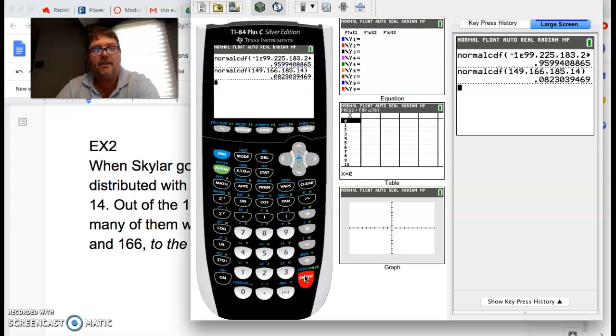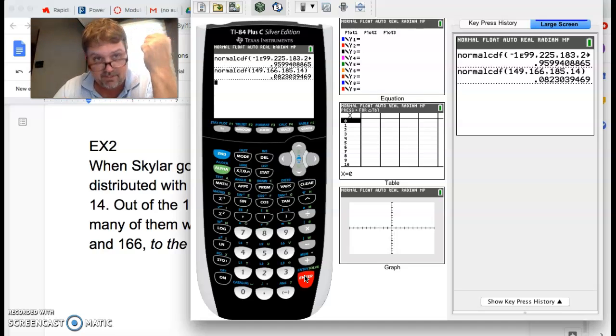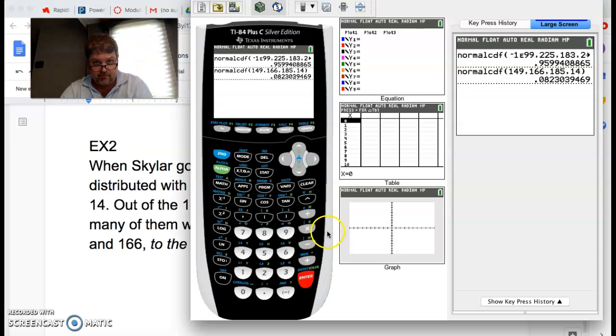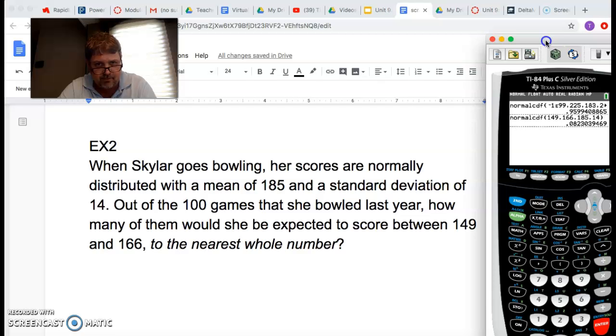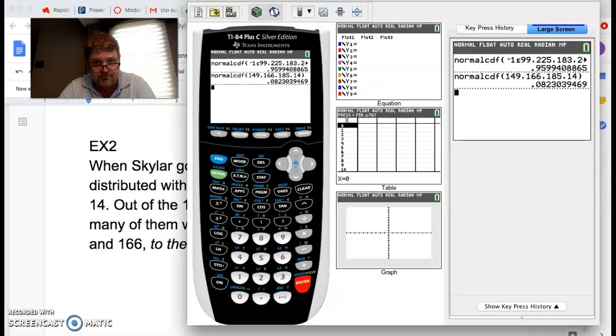All right, so there's our value. So 0.823 is what we would answer if it was a probability. What's the probability that they score between these? We'd say there's about a 0.082 probability, or an 8.2% probability, but we're not being asked that. We're being asked how many. So now we have to convert this to some piece of those 100 games, because remember, there are 100 games.